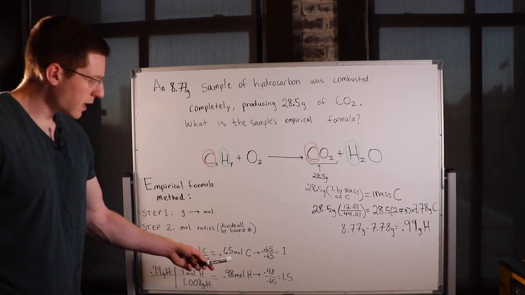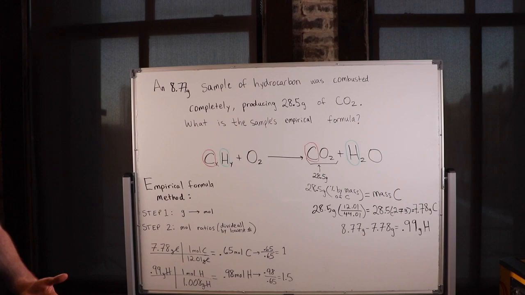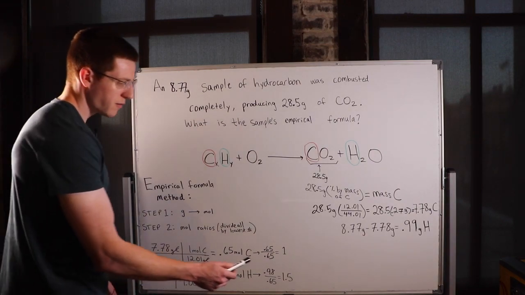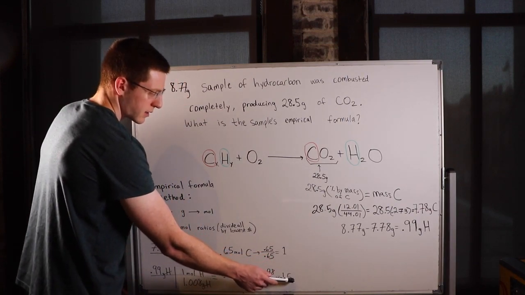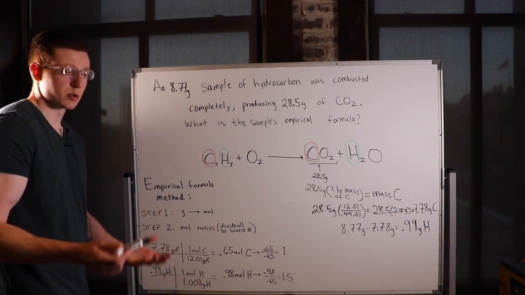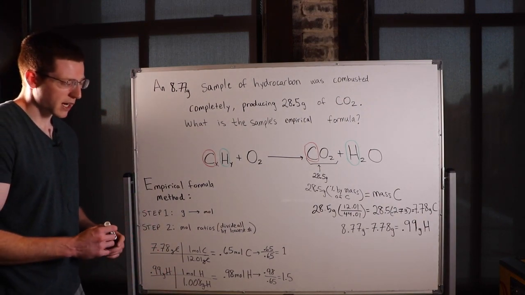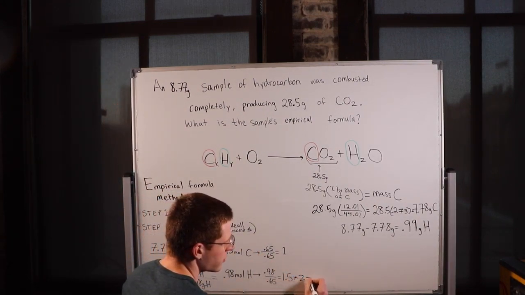So what we have to do now is make sure that these are both whole numbers, right? An empirical formula, part of the definition is that it is a whole number ratio. So we need to find the lowest number that we can multiply this non-whole number by to make it into a whole number. Well, luckily this one's pretty easy. 1.5 times 2 is going to give us a whole number, 3.